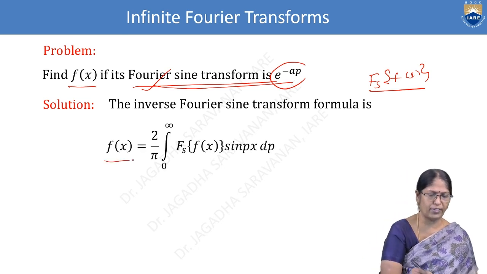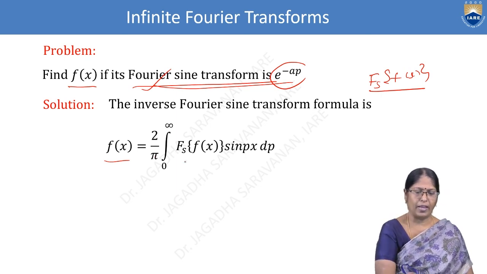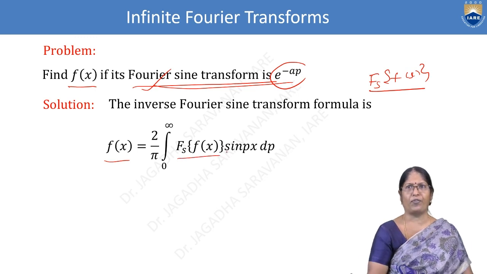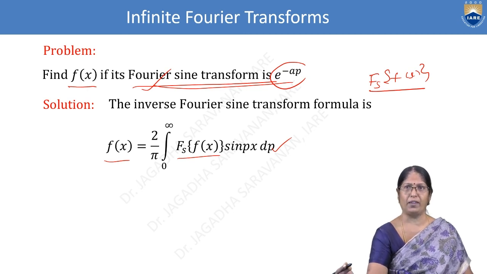So f of x equals 2 by pi integral 0 to infinity capital Fs of f of x sine px dp. We know very well the inverse formula, compulsorily the integration is with respect to p.